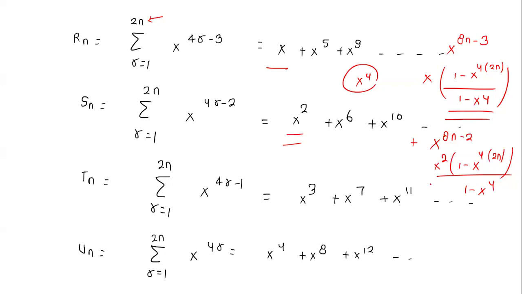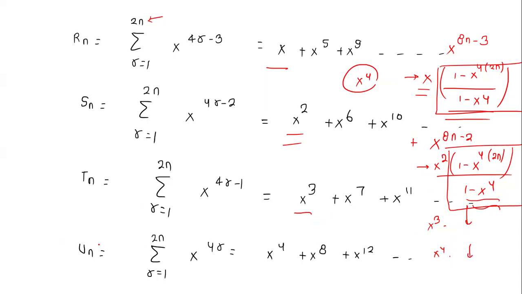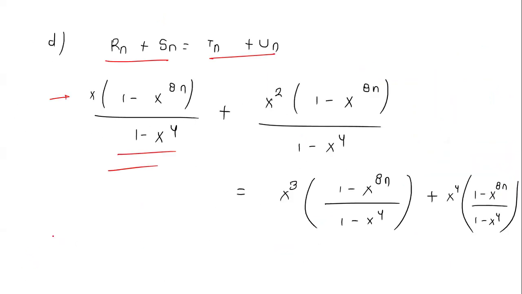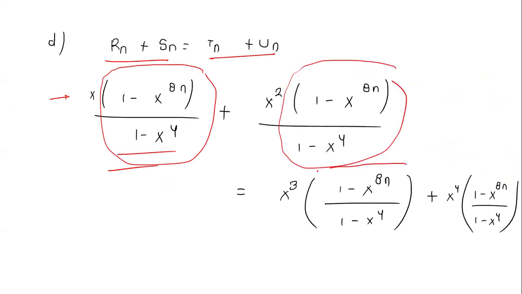So you see this part is the same in these two terms, only this factor is changing. Here it is x, here it is x square. Here it will come like x cube and the same thing, and here it will come like x power 4 and the same thing. So this factor is the same in this, in this, in this, and in this.